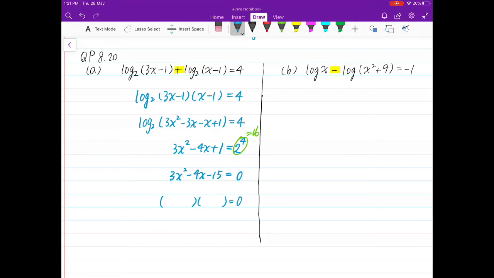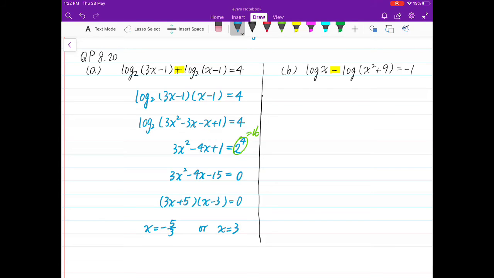So solve the quadratic equation. The answer will be (3x plus 5) times (x minus 3). So x equal to negative 5 over 3 or x equal to 3.